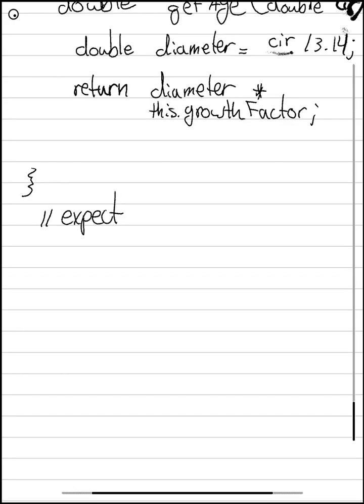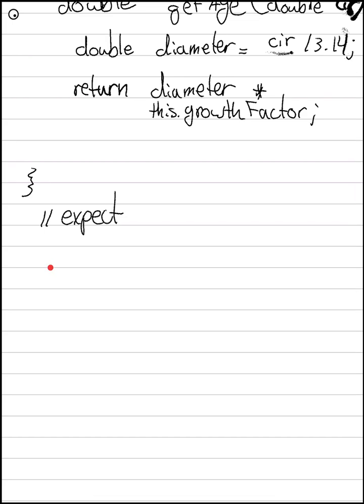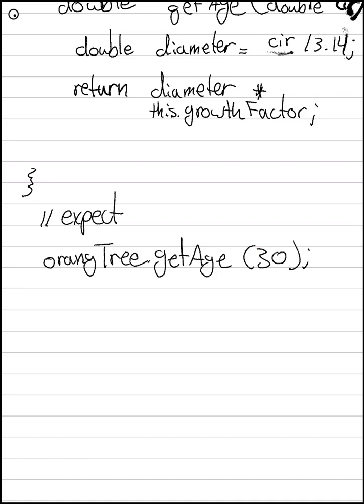All right, we expect the orange tree dot get age, when it has a circumference of, let's say, 30, to return, well, it's going to return 30 divided by 3.14, all multiplied by 5.